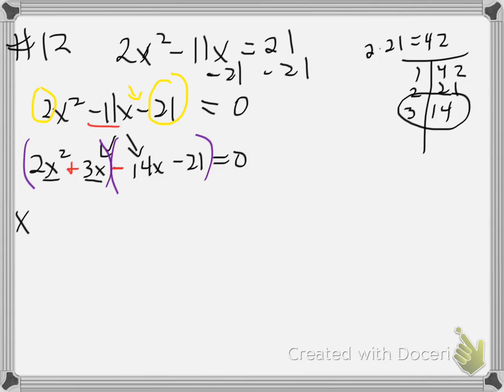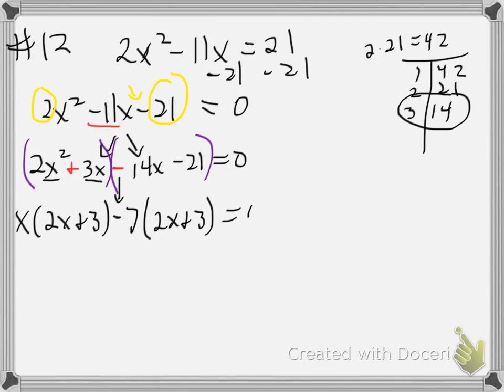So I'm going to get x, I'm going to get 2x plus 3. Here I'm going to get a negative sign, and I'm going to take out a 7. So that's going to be 2x plus 3 as well. Well, it turns out I've done it right. Those are the same. So 2x plus 3 can come out, and I'm left with an x minus 7.